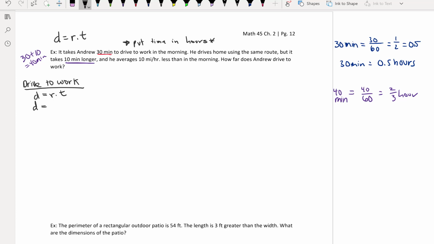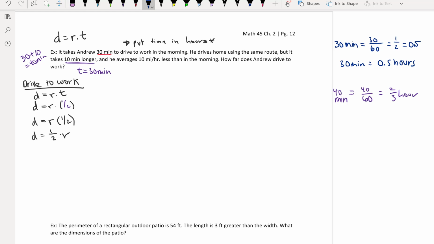So what we have right here is that my time is equal to 30 minutes. And that 30 minutes, remember, was really half an hour. So we have that distance is equal to rate times 1/2, or better yet, distance is equal to 1/2 r.